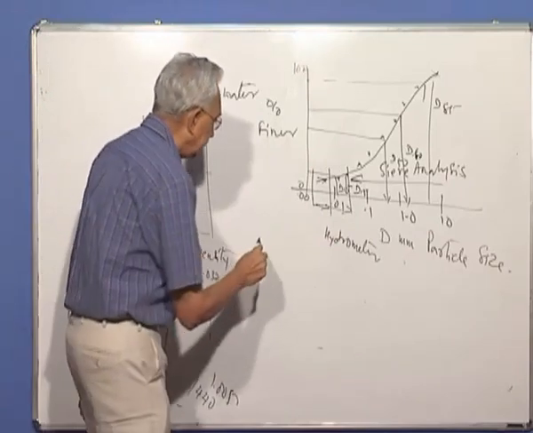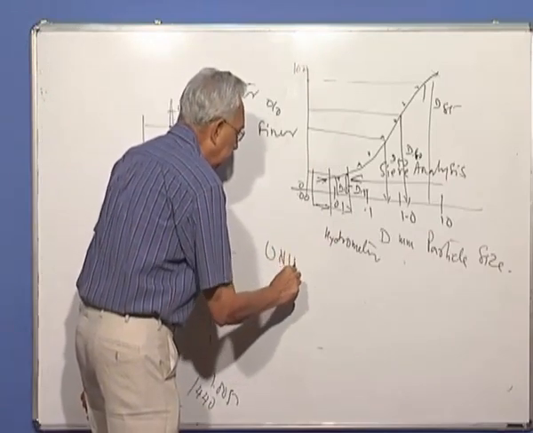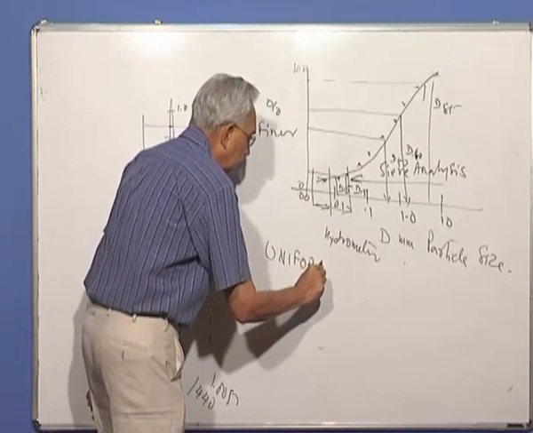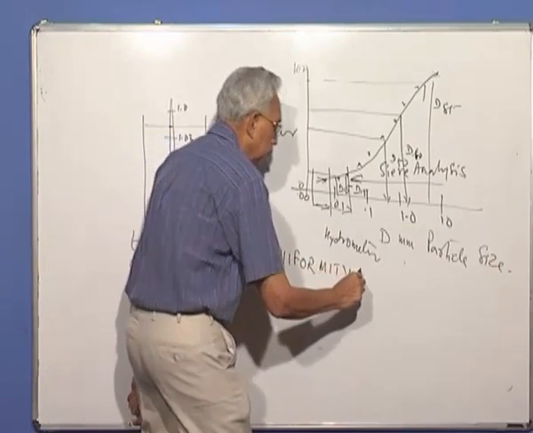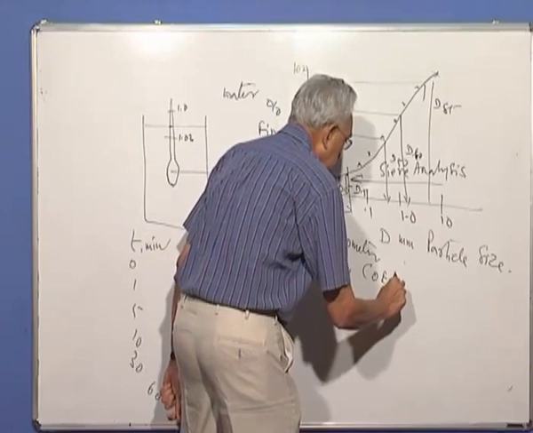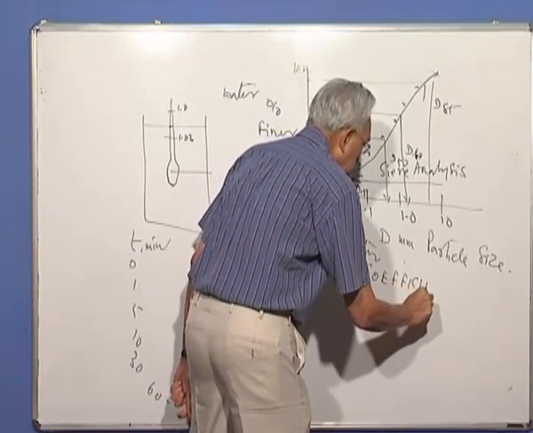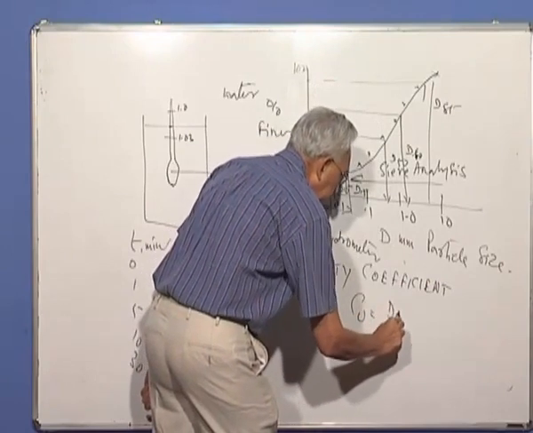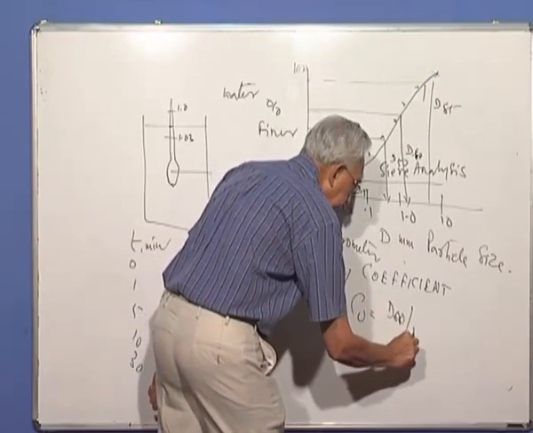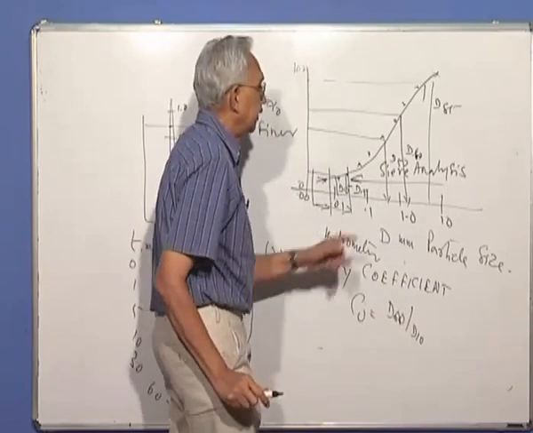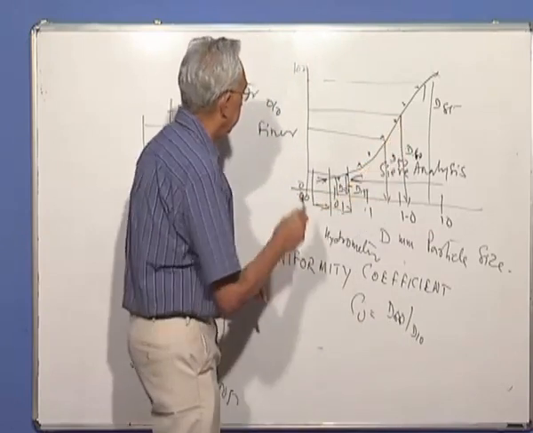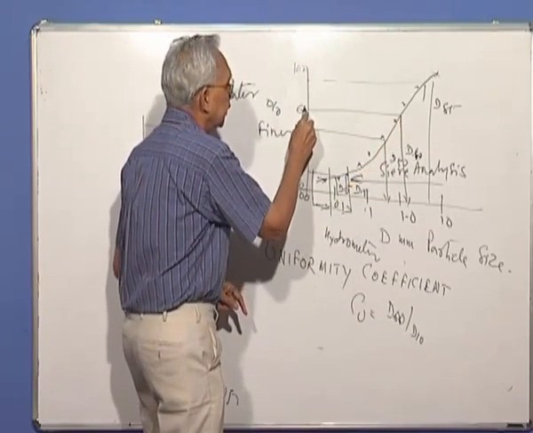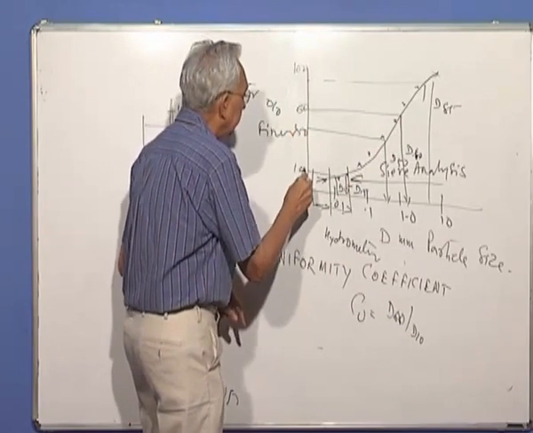We define two terms, what is called the uniformity coefficient, Cu, which is equal to D60 by D10. 60% finer, this is 50, this is 60, and this is 10.